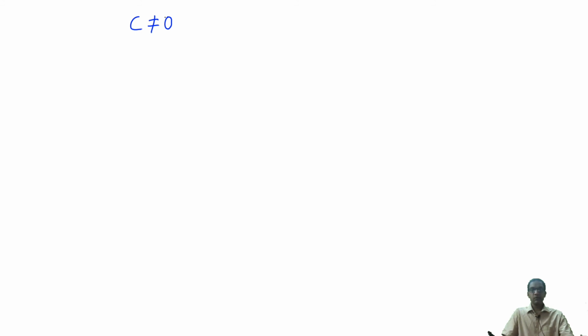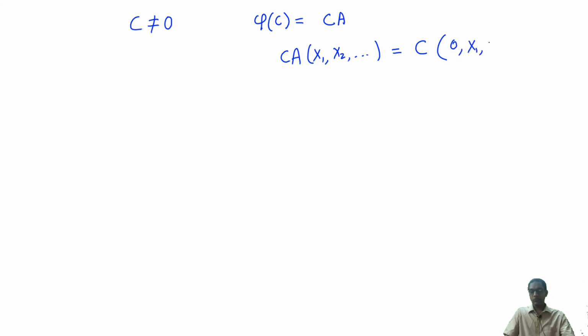On the other hand, if I apply phi to C, it gives me CA. Now what is CA? A was the forward shift operator. Let's apply it to an actual element and check. If I apply CA to an element (x1, x2, ...), this is C acting on (0, x1, x2, ...). But what does C do?